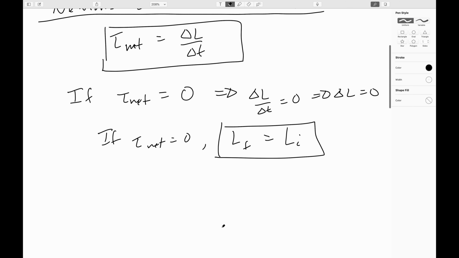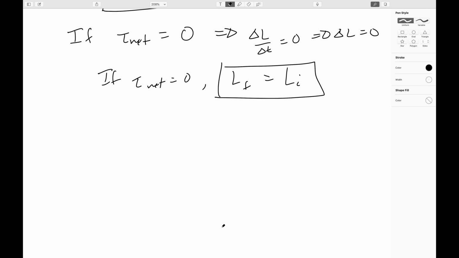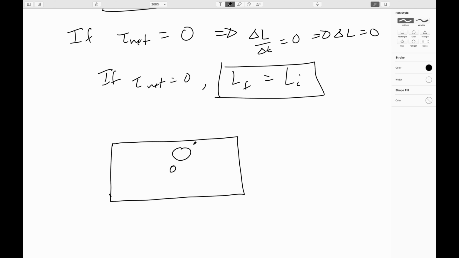So to make a concrete example of that, let's say that you are looking down at a table. So this is the surface of the table you are looking down at from above. Let's say someone's drilled a hole into this table right here. And what you're going to do is lay a washer flat on the table.